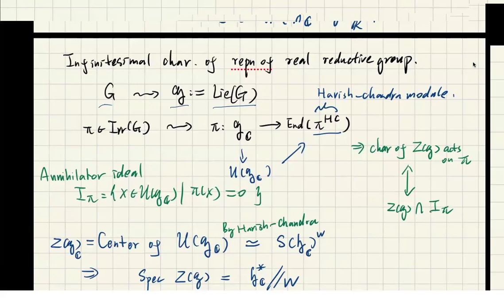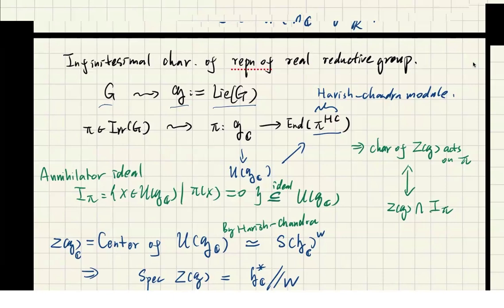Okay, so this is an ideal in the universal enveloping algebra. If pi is irreducible, then you will know that this will be something called a primitive ideal. I think it's a prime.